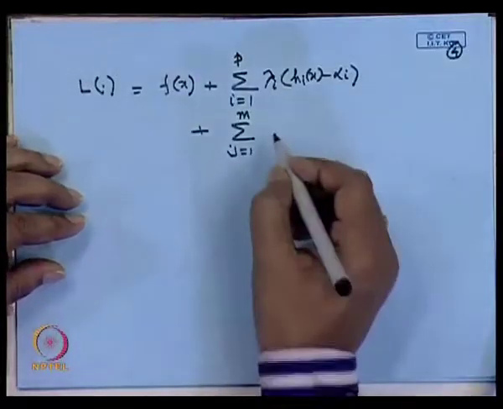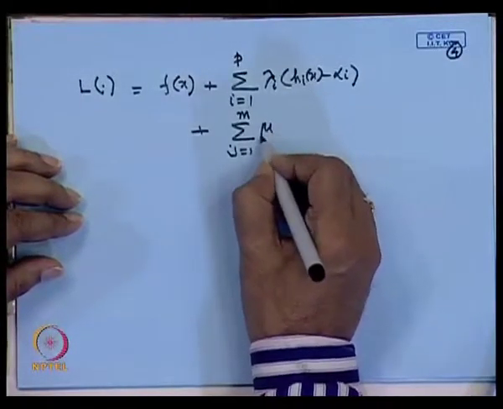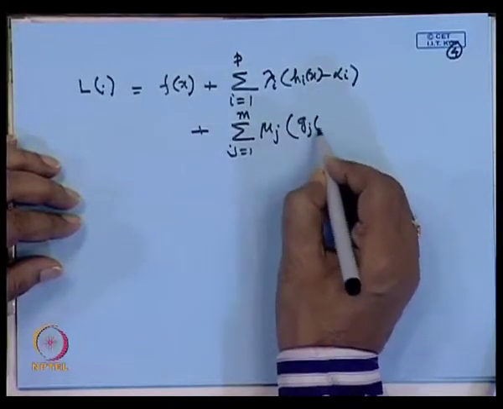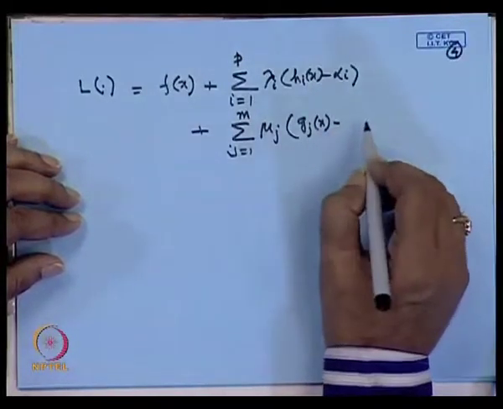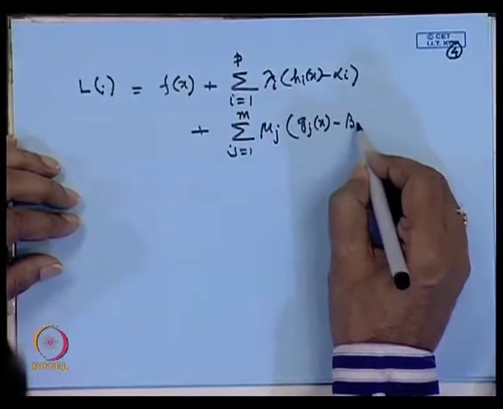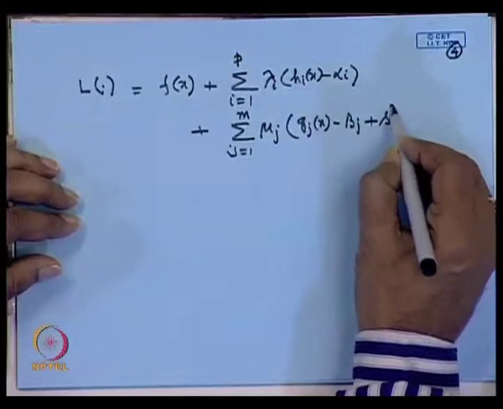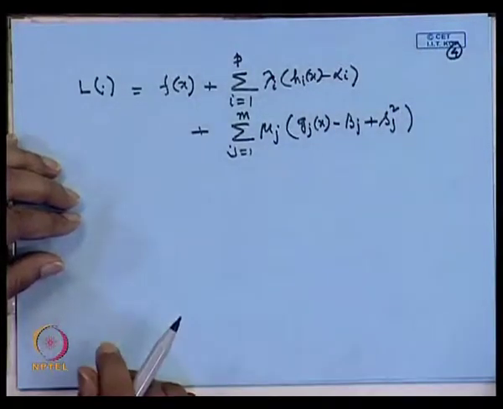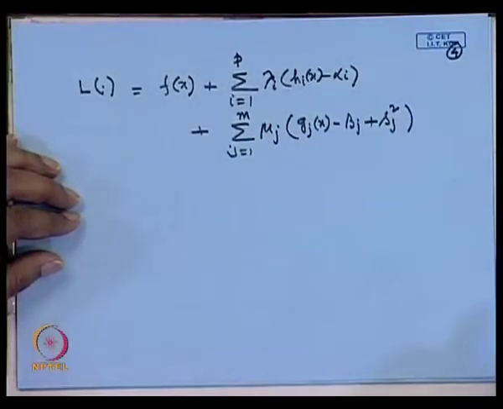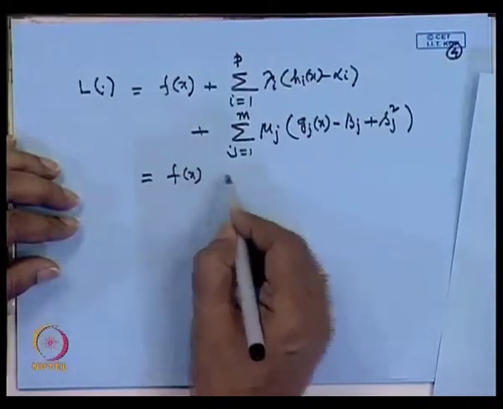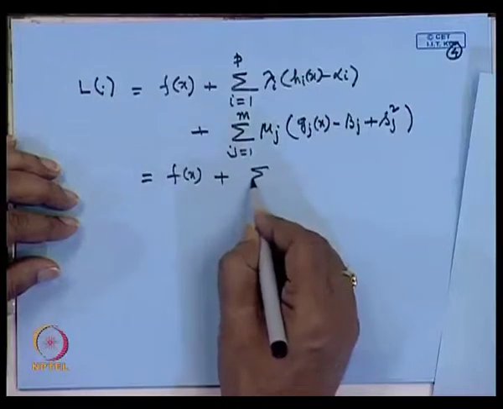So, I can write it as a Lagrangian multiplier mu j times g j minus beta j plus s j square, agree.